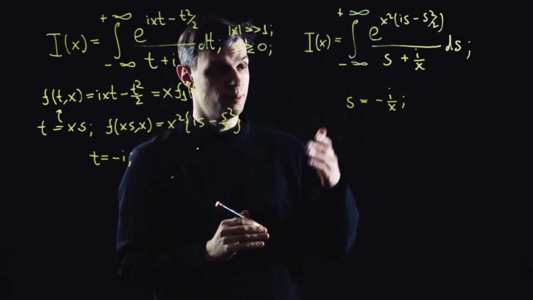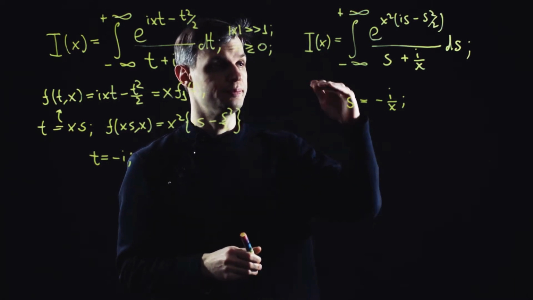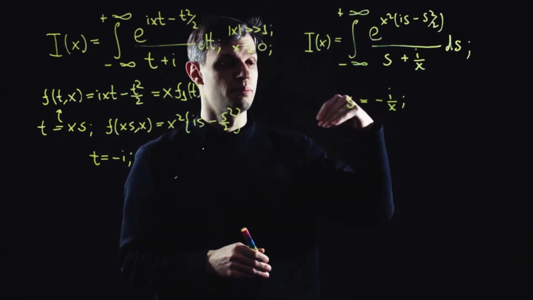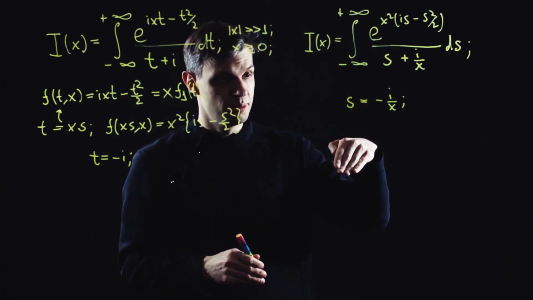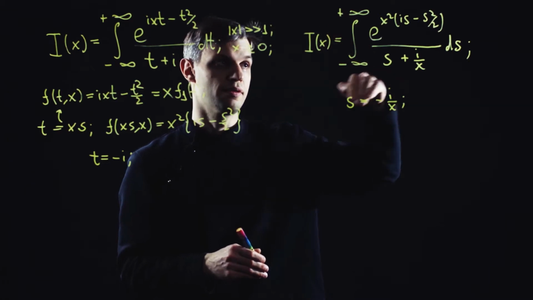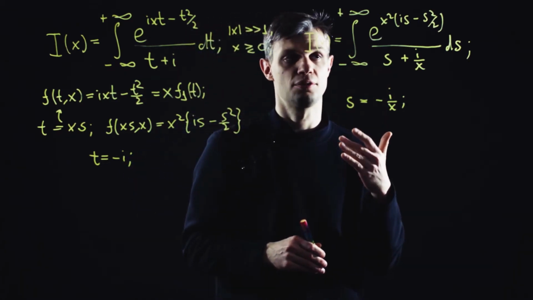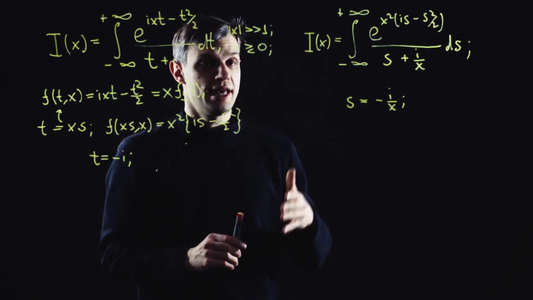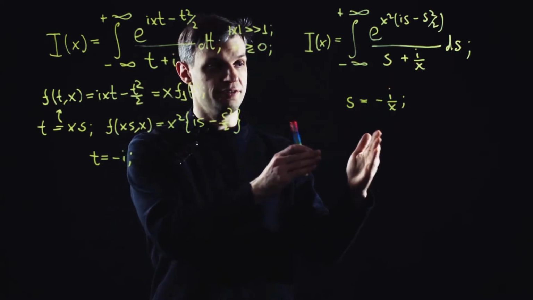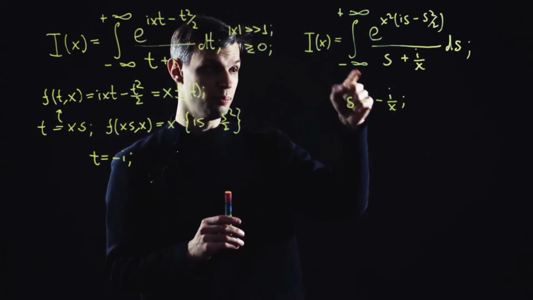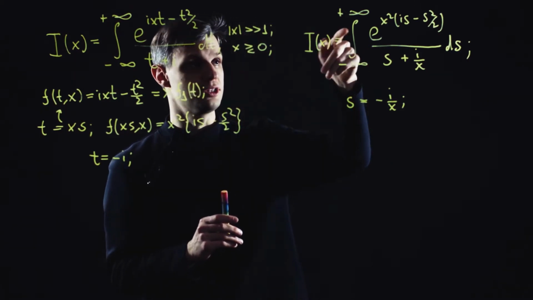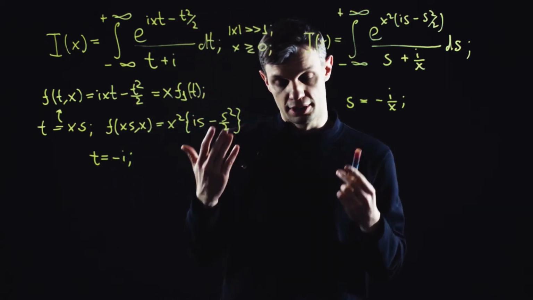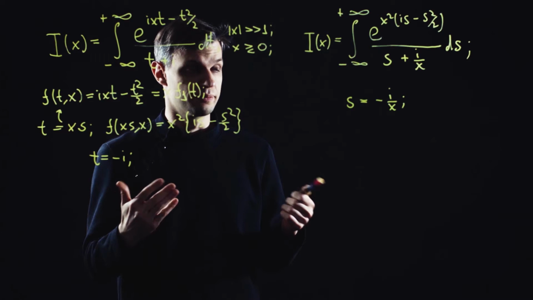For example, if x is positive, then the pole is positioned below the real axis of the s complex variable. When x is negative, the pole is shifted above the real axis. And for a second, the real axis coincides with the integration contour. So as x changes smoothly from positive to negative, the pole, the singularity, crosses the integration contour, which is unacceptable. So that's the kind of complication which I was talking about.